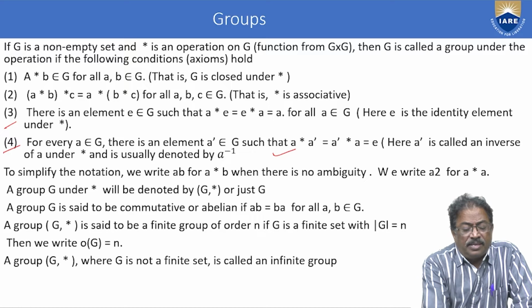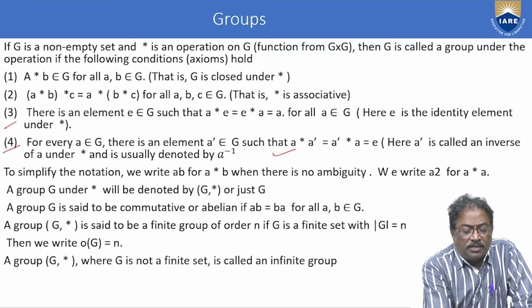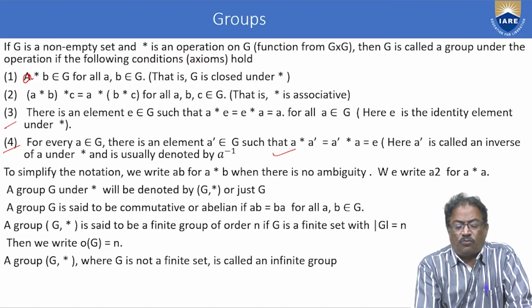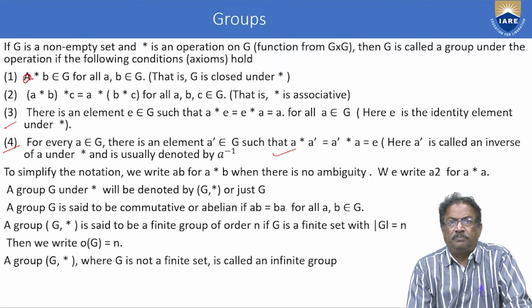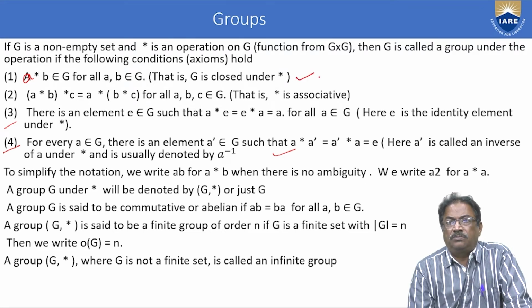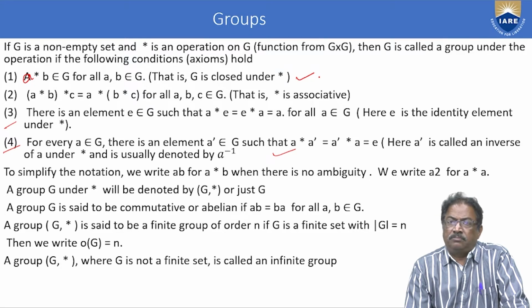One is closure: a star b belongs to G, true for all a, b belongs to G, that is, G is closed under the binary operation star.